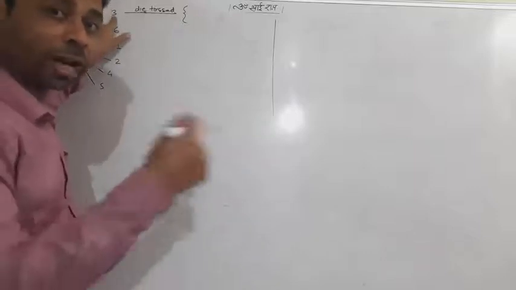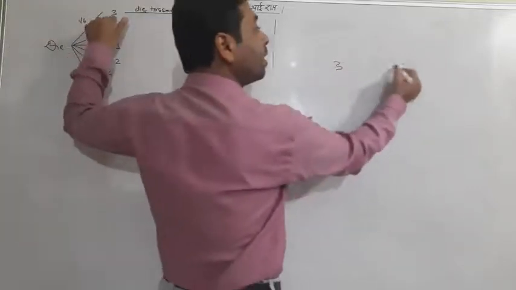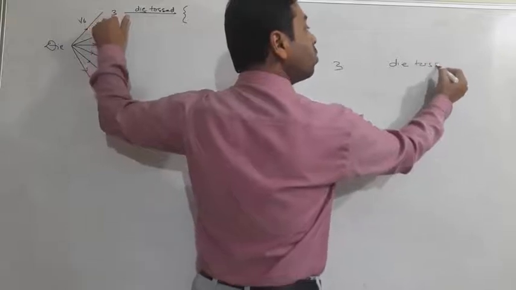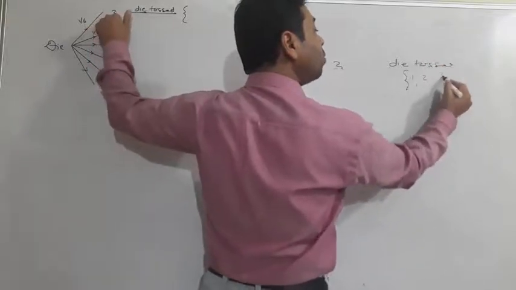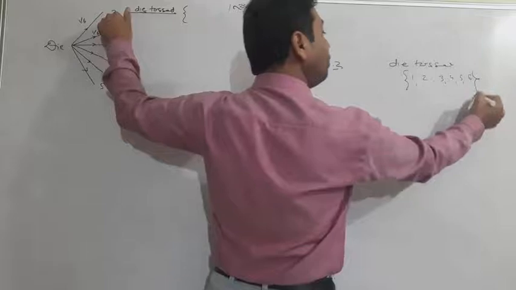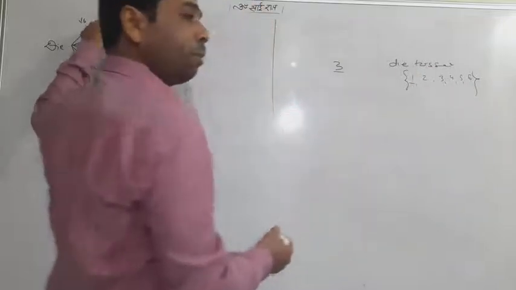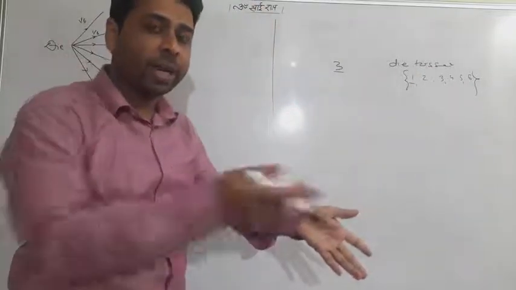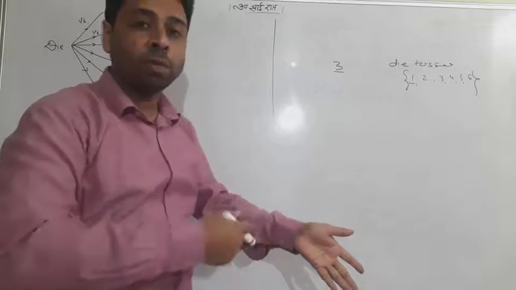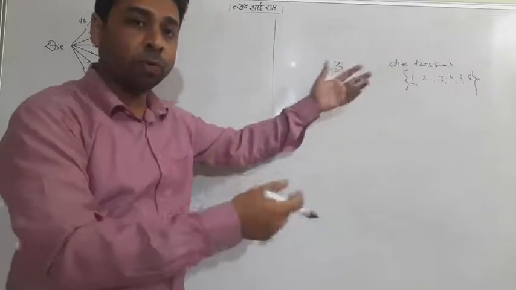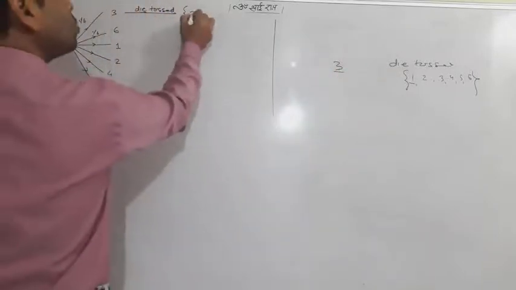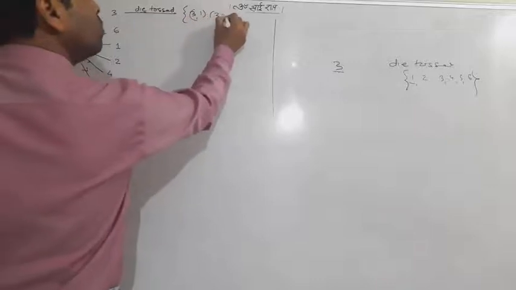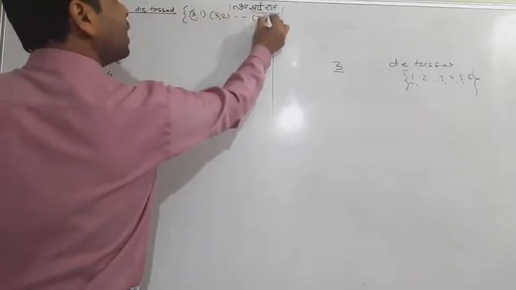When 3 comes, the die is tossed, so along with 3, 1 may come, 2 may come, 3 may come, 4 may come. So we have 3,1; 3,2; and so on till 3,6.